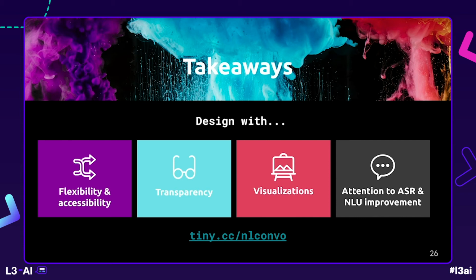And finally, add speech recognition and natural language understanding improvements when possible. So we found that despite using one of the gold standard models in current speech recognition, users' biggest frustration was actually incorrect recognition. So one opportunity to improve the system would be to create a model that's programming specific, or whichever use case you're engaging with, that it's specific to that.